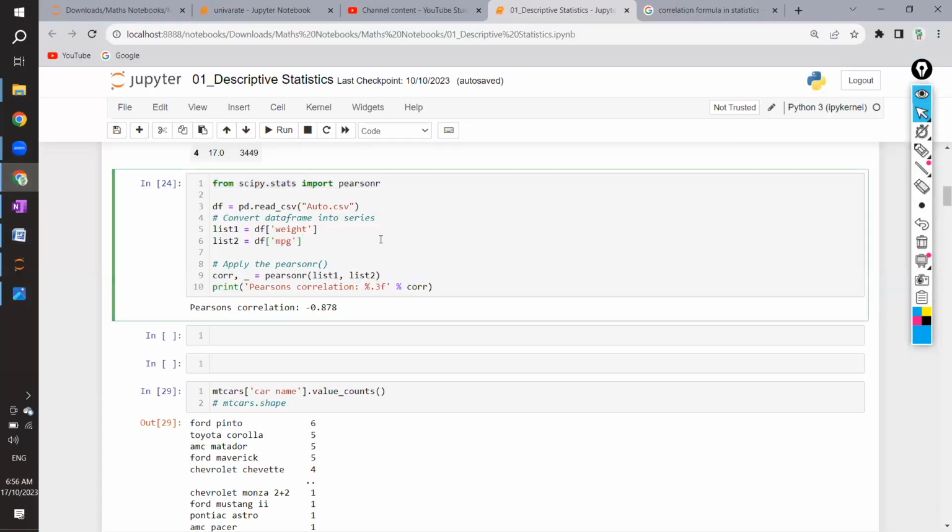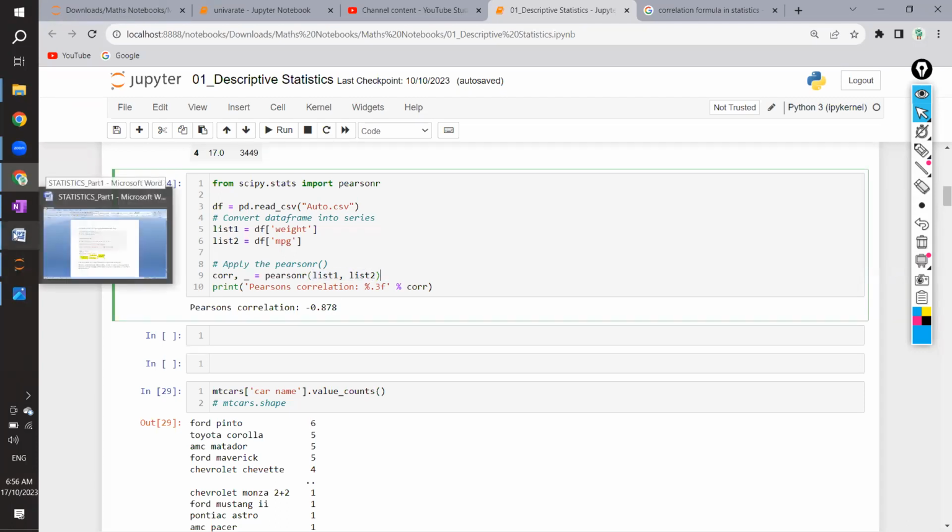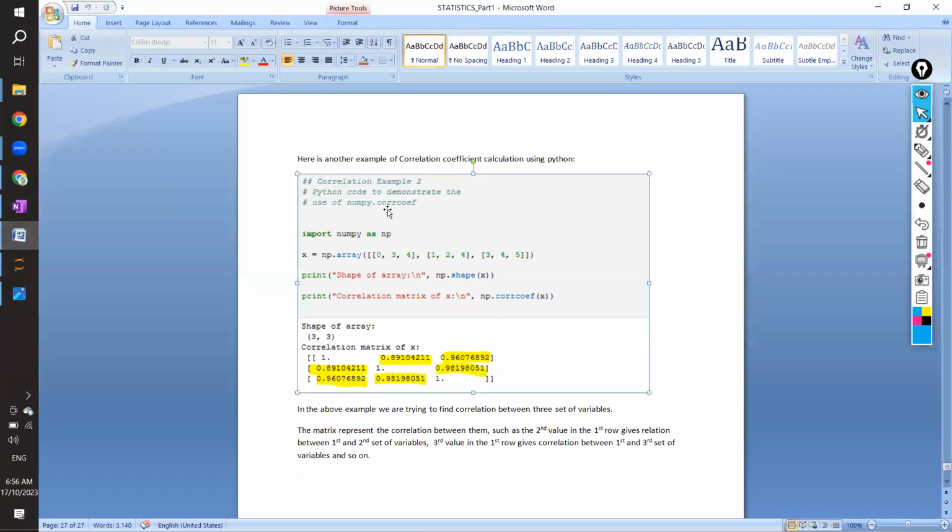But here, if you see, here also you will be able to find out the correlation coefficient, Pearson or Spearman. But here you need to pass individually. Okay, to the Pearson you need to pass individually. You can loop through it and pass 2 at a time and get the correlation. That's fine. But before going to SciPy, if you just look at the numpy correlation coefficient, fine.